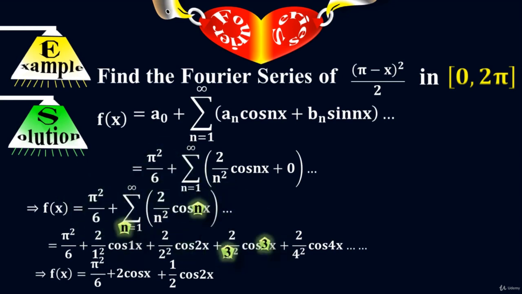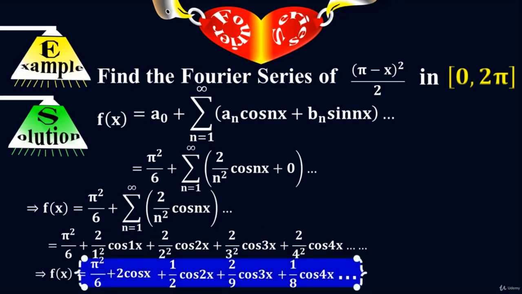Put n equals 3, this term will be plus 2 over 9 times cos 3x. And put n equals 4, so the last term will be plus 1 over 8 times cos 4x, plus and so on to infinity. This is my final Fourier series for the function (pi minus x) whole square over 2, which is defined in the interval from 0 to 2 pi. It is an example of a full range Fourier series.